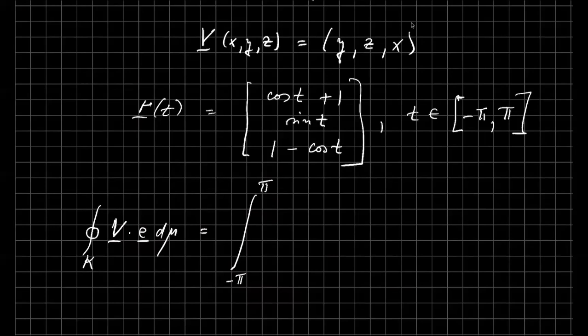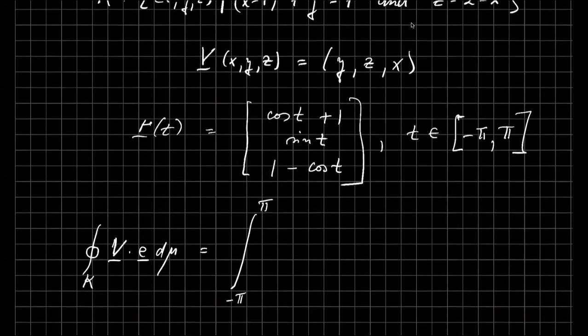Then you need your vector field: y, which is sine t, then z, which is 1 minus cosine t, and finally x, which is 1 plus cosine t.